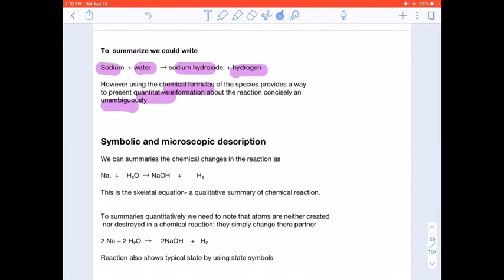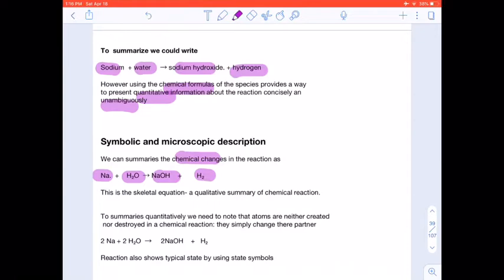So at a symbolic level, we can summarize this chemical change. And we can say, okay, sodium, we know its symbol, Na. And then we have water. And we know hydrogen is a product and sodium hydroxide is a product.